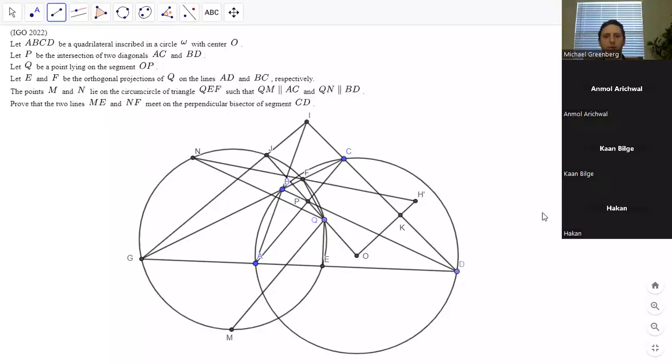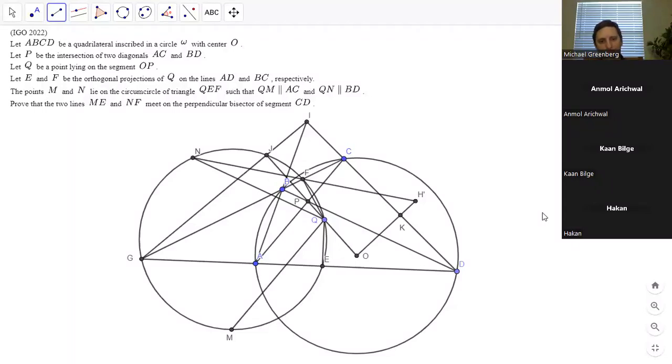Or, yeah, I don't know if I could use Desargues or something. Might be hard. So, could I show that OEF and KMN are perspective? I don't have that much confidence in that idea.